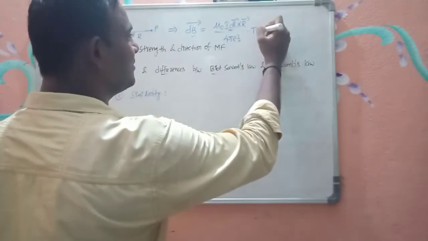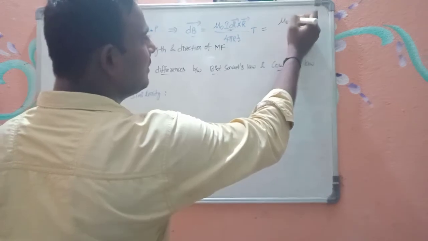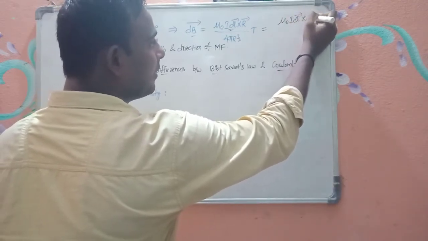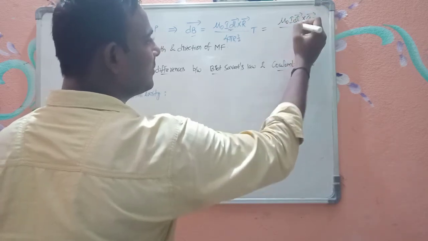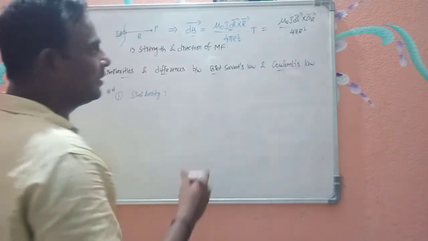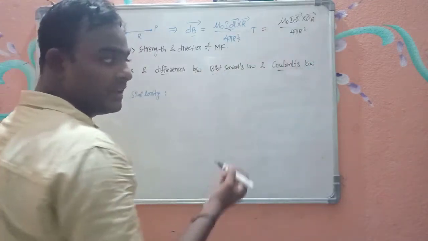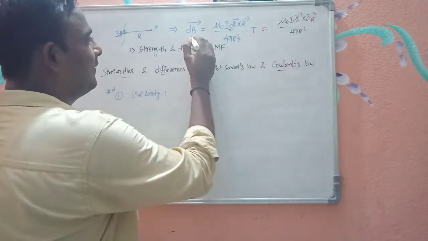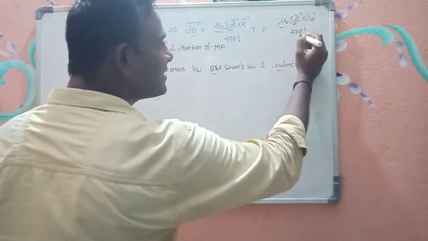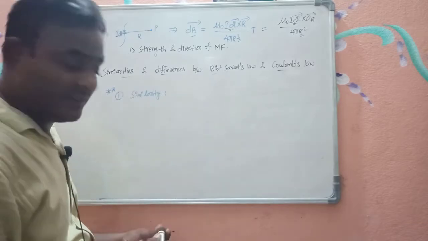We can express Biot-Savart's law in another way, as mu naught I dl bar cross a r bar, in terms of the unit vector, by 4 pi r square. By seeing this equation, we can say that the field is proportional to the current element and inversely proportional to the square of the distance between them.